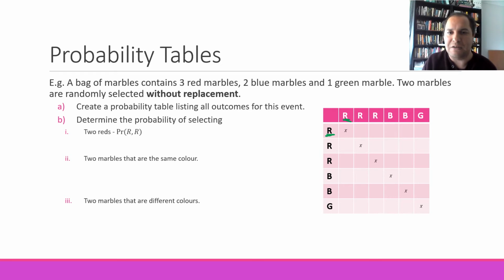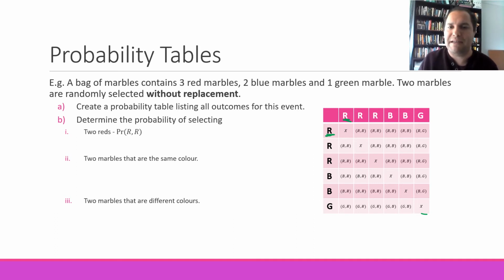So in that cell, and in all the other cells in that diagonal, we can't have those events happening. We can't pick out a green and then pick out another green because we're not putting the marble back. And then once we put those crosses in there to say those events can't happen, we can fill in the rest of our table like we did for our previous example.